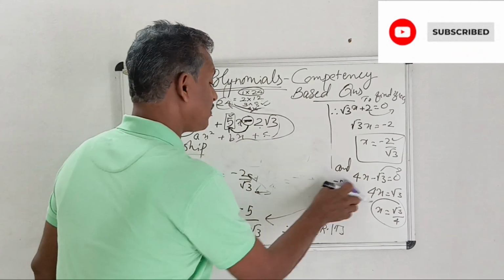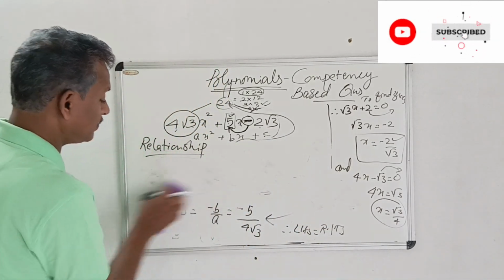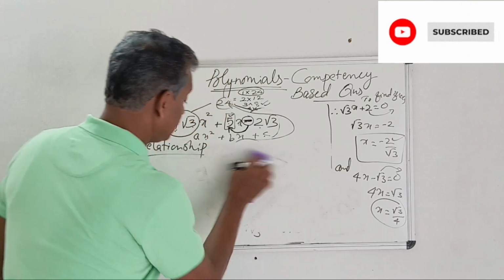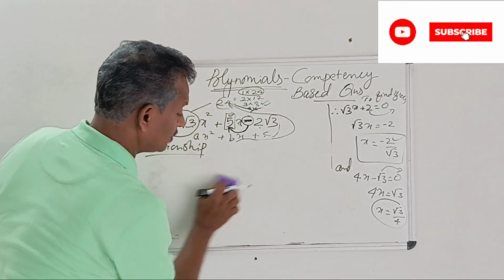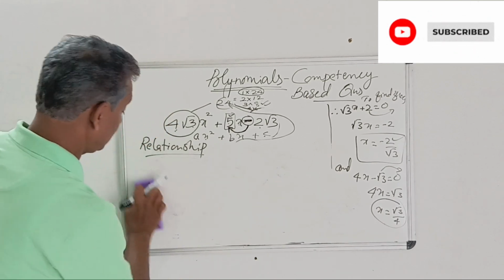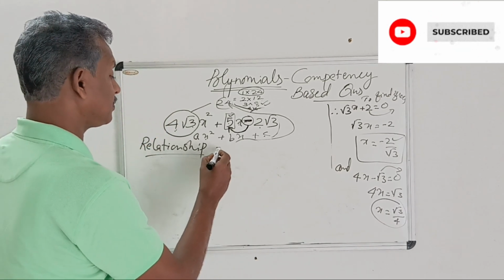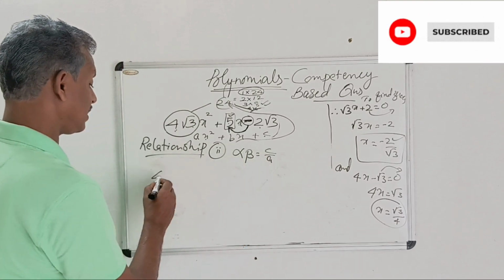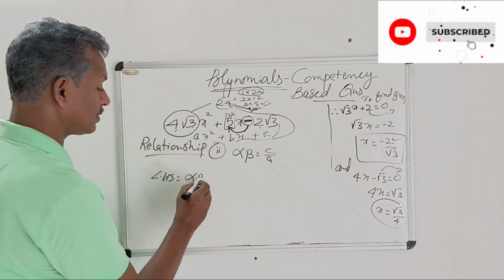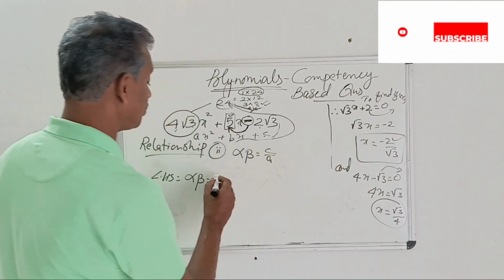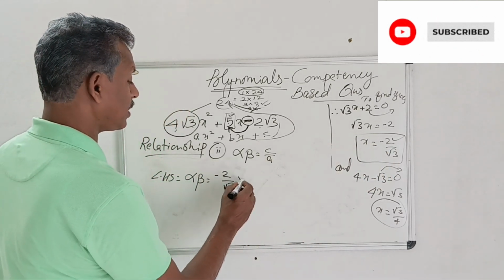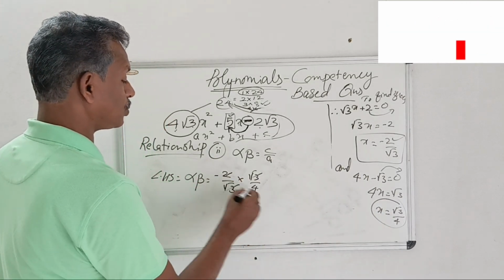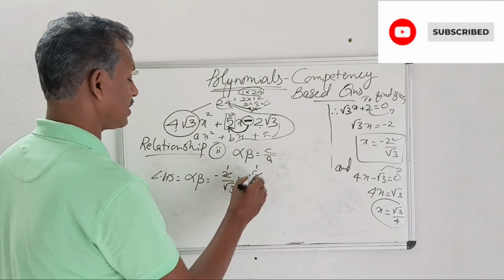After this you have to verify the second relationship, the second relationship is alpha beta is c by a. Take the LHS, alpha beta, alpha is minus 2 by root 3 multiplied by beta is root 3 by 4. Root 3 gets cancelled, 2 and 4 cancel, you will get 2 and 1 here, here 1, 1.